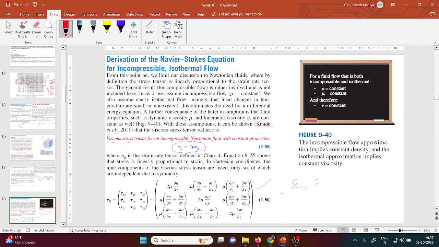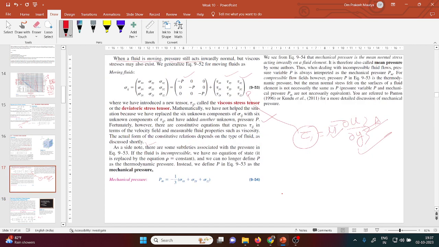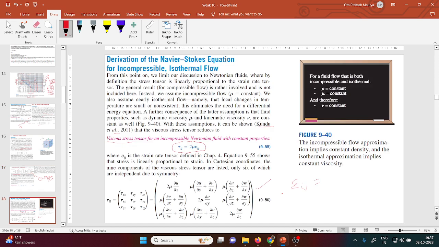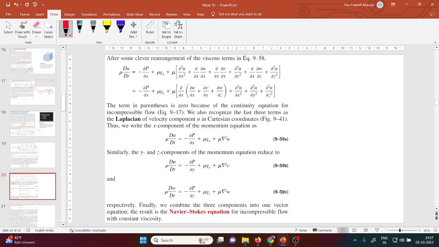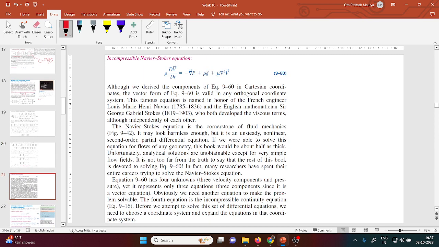Here you only concentrate on how the unknown term is shifted to known terms, because you know the velocity and mu is known. So this is just calculation, and finally your Navier-Stokes equation looks like that.